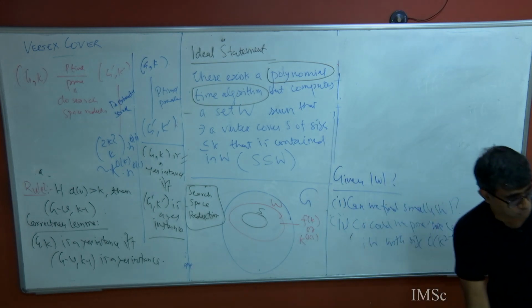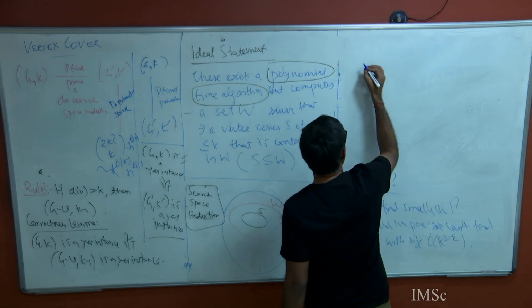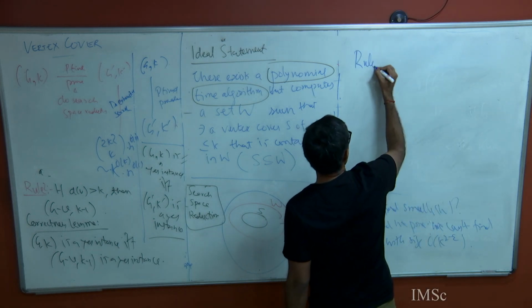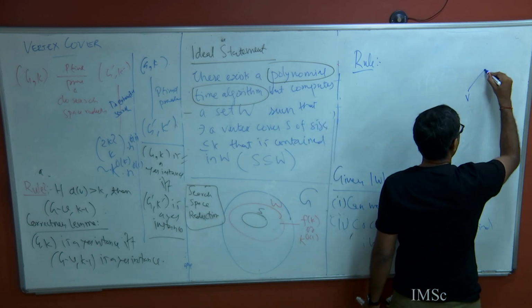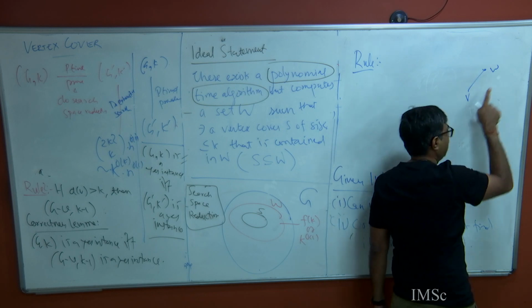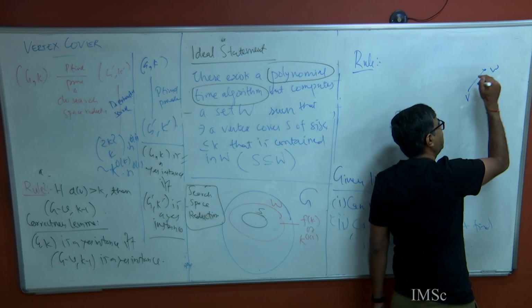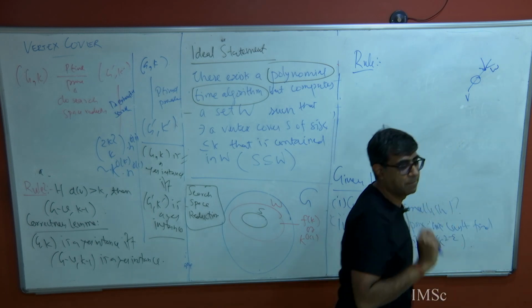So there could be a rule, right? What you all are saying, let's make a rule. And what is the idea? Look at a degree 1 vertex. You know that one of these vertices will be in the solution. What is the point of picking V? Because V can only cover this edge, but if I pick W, it might be able to cover many more edges.